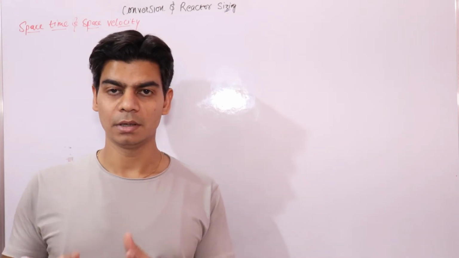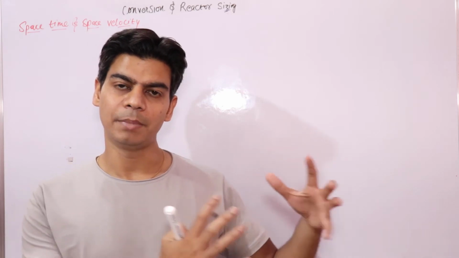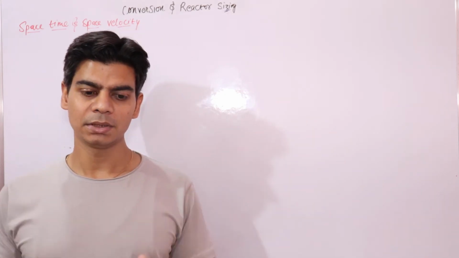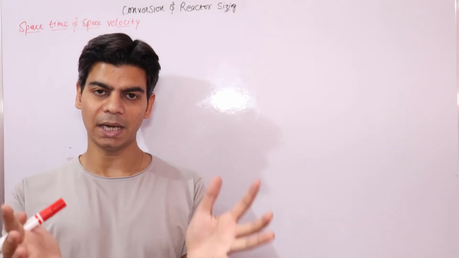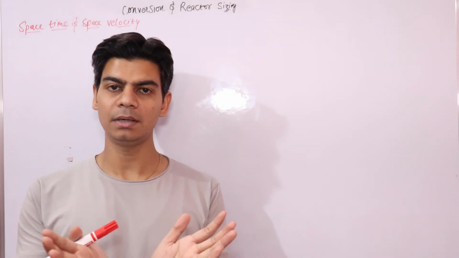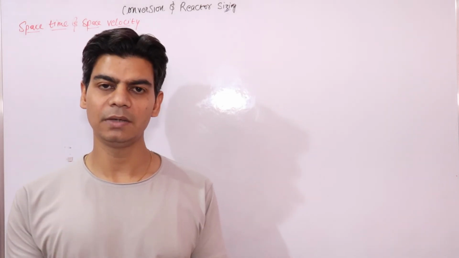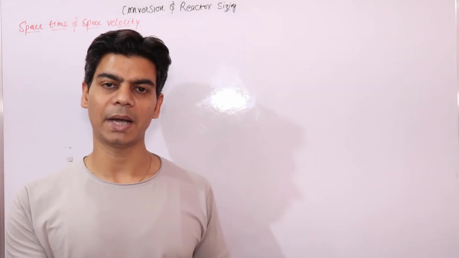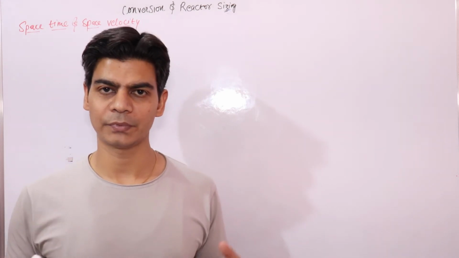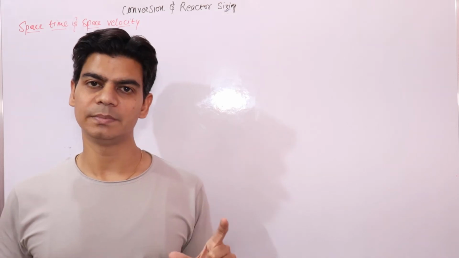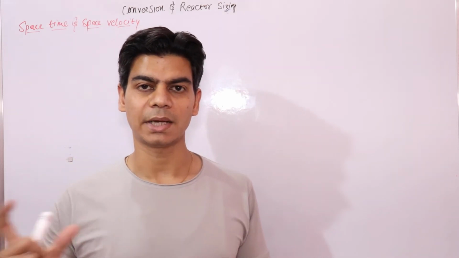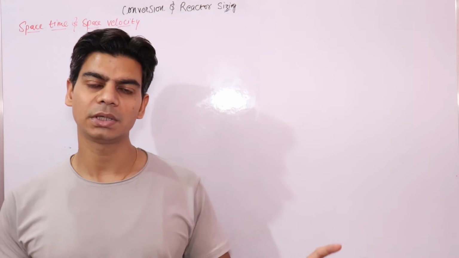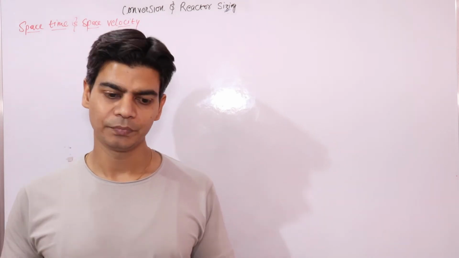So conversion was maximum in batch reactors. Why? Because we can leave reactants in the batch reactor for a longer period of time, right? So here the performance measure for batch reactors is time. Longer the time, longer is their performance, right?